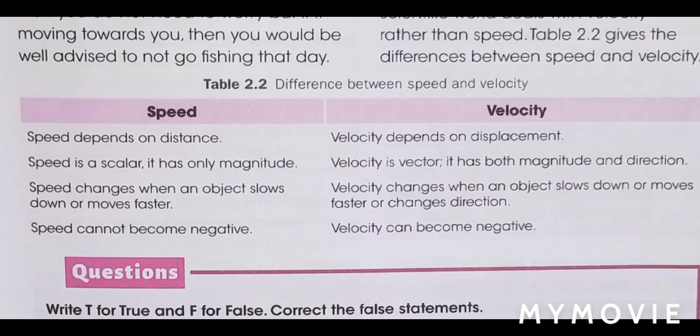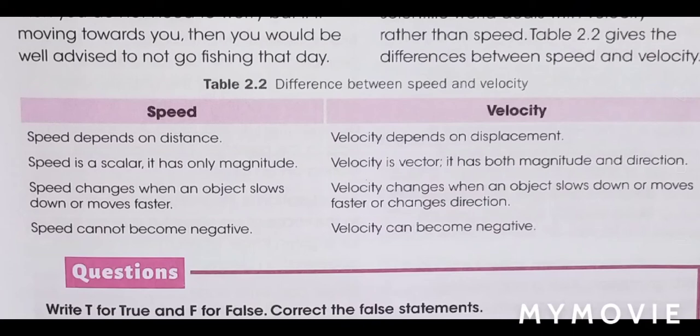Now the third difference: speed changes when an object slows down or moves faster. Velocity changes when an object slows down or moves faster, and also when it changes direction. So if the object changes direction, then velocity also changes. That is the third difference.